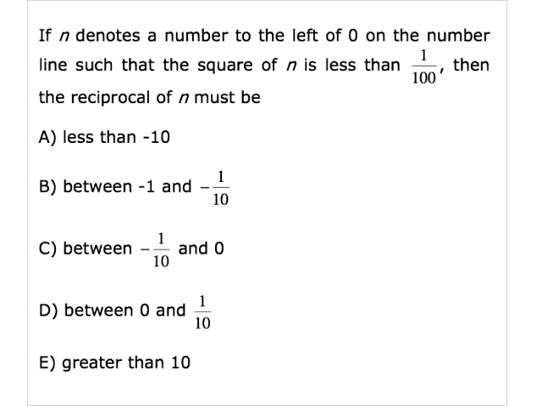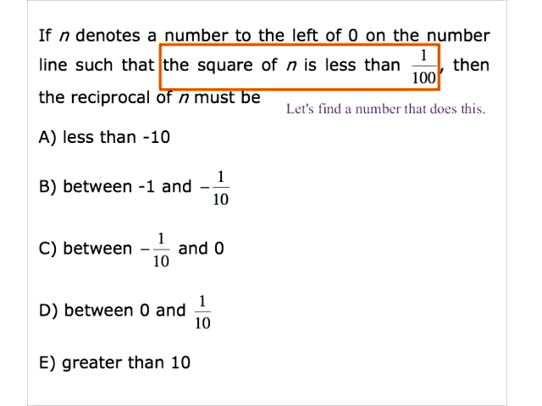So let's plug in a number. You might need to think a little bit before you can find a number like this, but let's find a number that does this. So the square of n is less than 1 over 100.